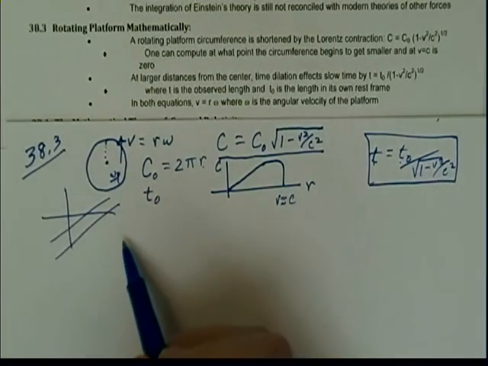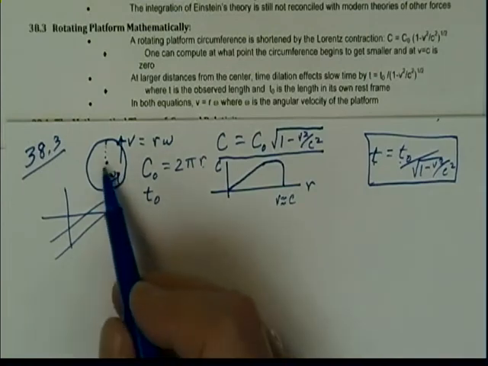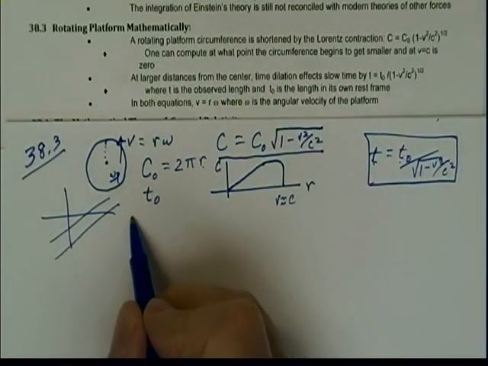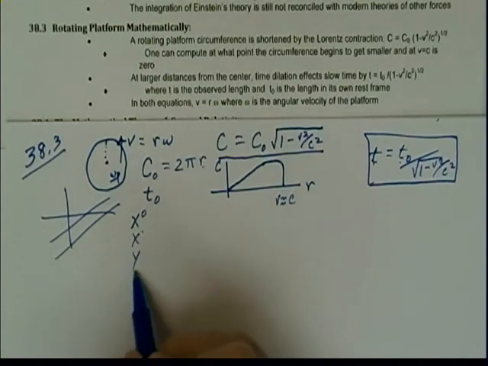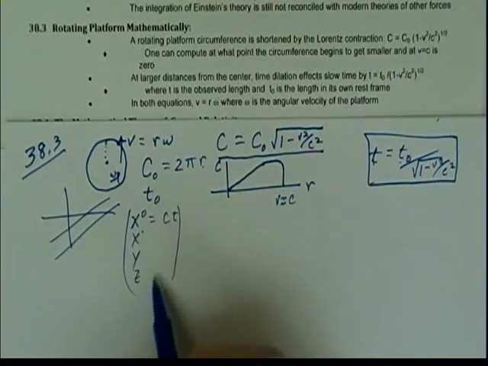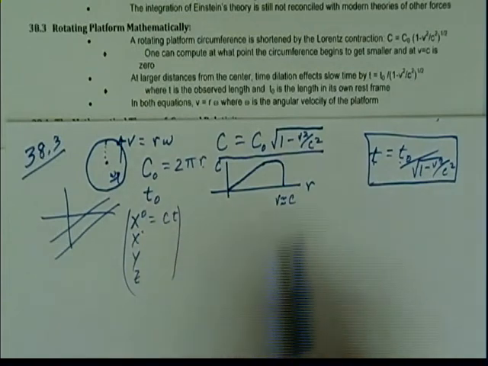Here the parallel lines can meet. Time runs at different rates at different places in this space, and therefore we can say that our four-dimensional space-time, x naught, x, y, and z, and this x naught you recall is ct, behaves in a curved manner.